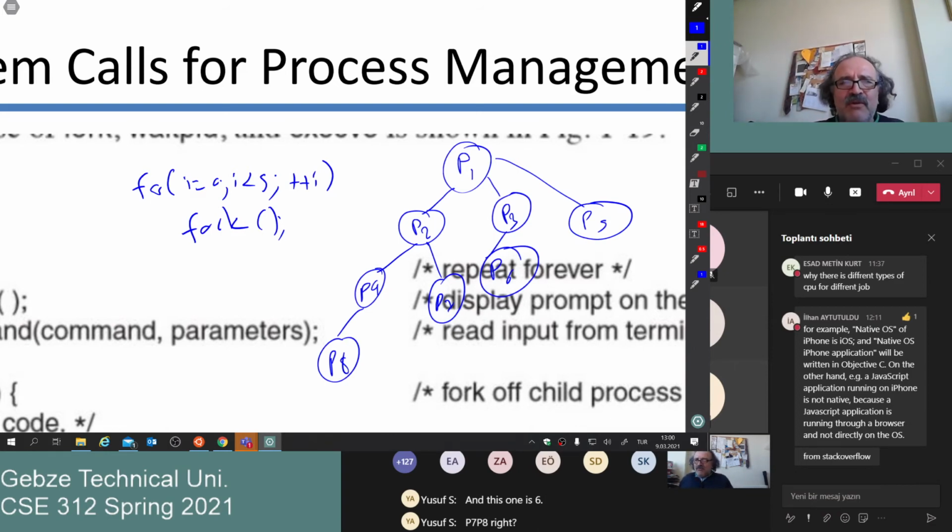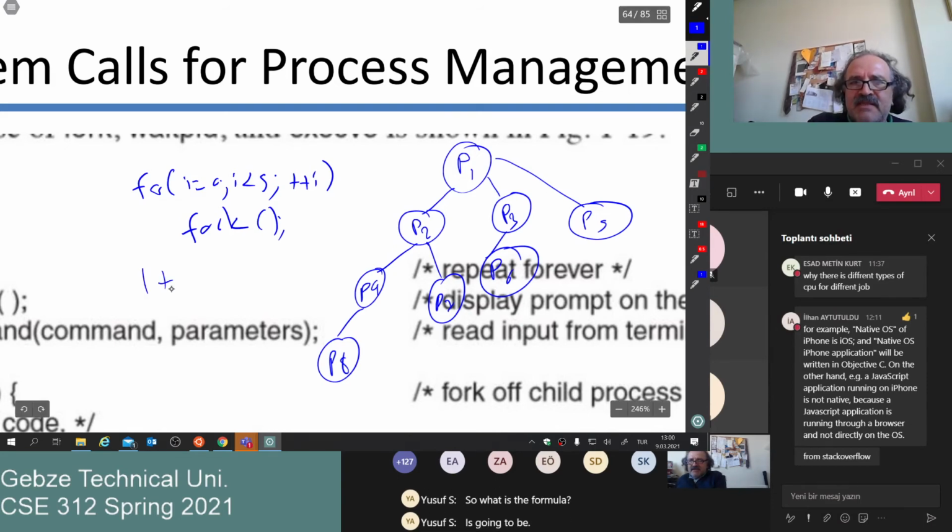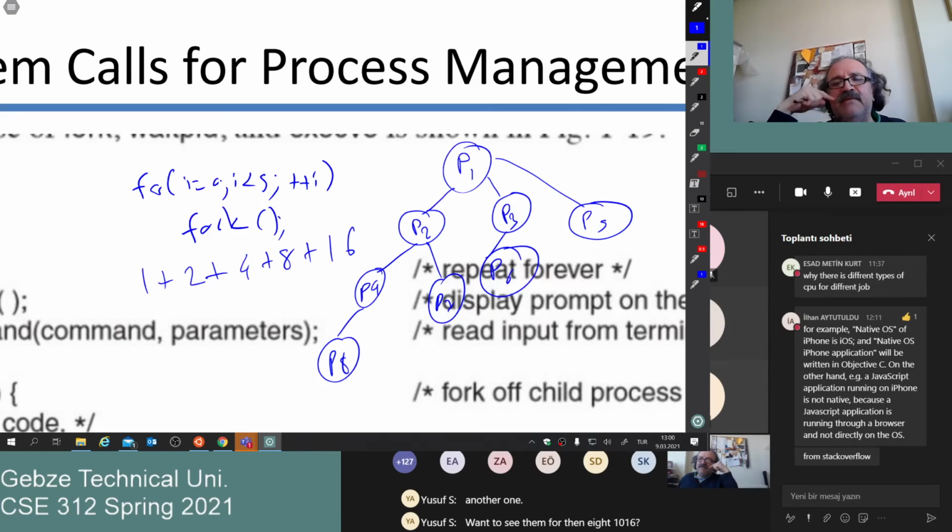So what is the formula? It's going to be 1 plus the first one, then 2, then each one is going to create another one. 1, 2, 3, then 4, then 8, then 16. Right? Is it correct?